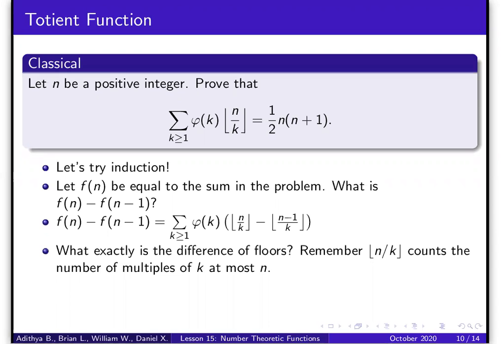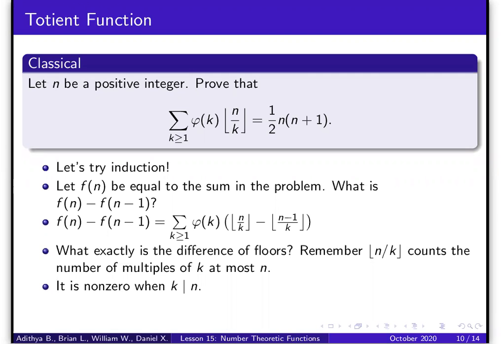So the question is to find what values this difference of floors takes. Yep. Whenever k is not a multiple of n, these two floors are equal, so it's equal to 0. But when k divides n, then this difference is actually equal to 1.